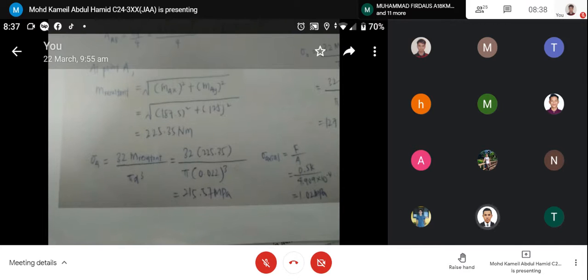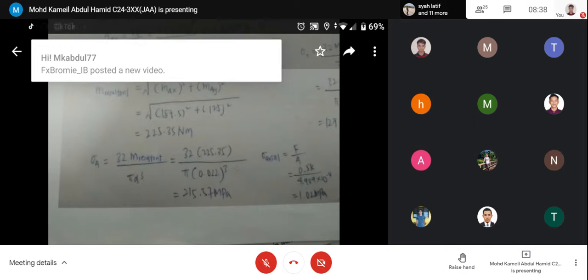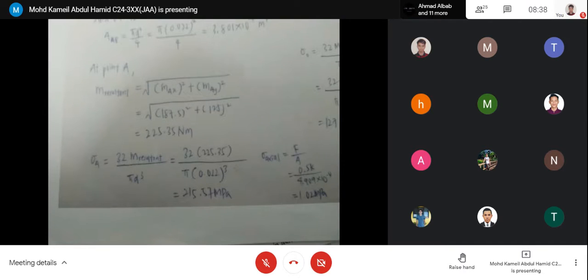Okay, so ini 32 times M divide by pi D kuasa 3 tu, itu sebenarnya daripada yang asal tu, MC over I tu kan. I tadi pi D kuasa 4 bagi 64 tu kan. Jadi dia dah simplify dengan D over 2.